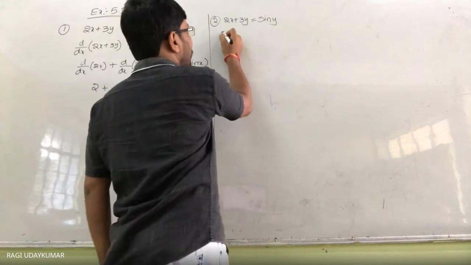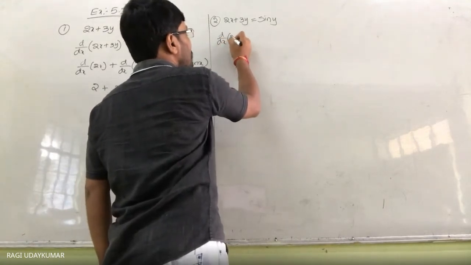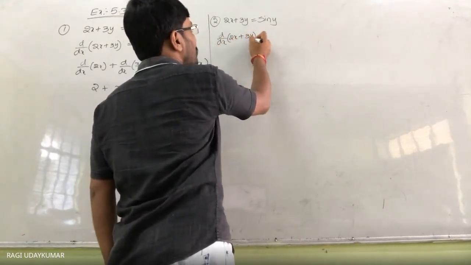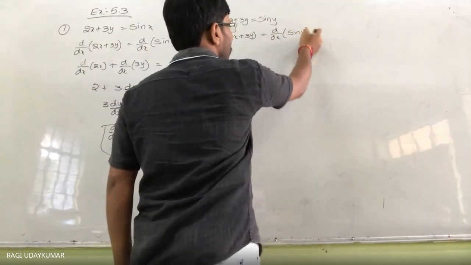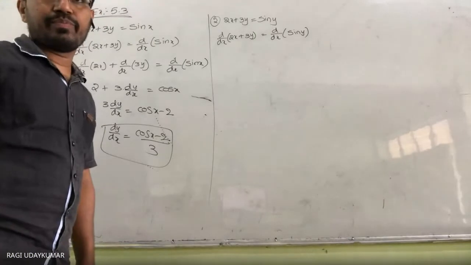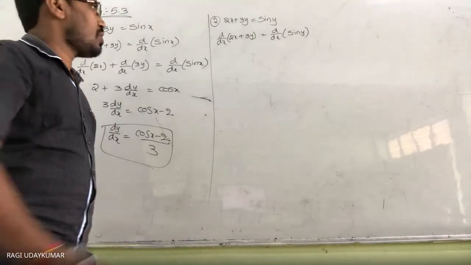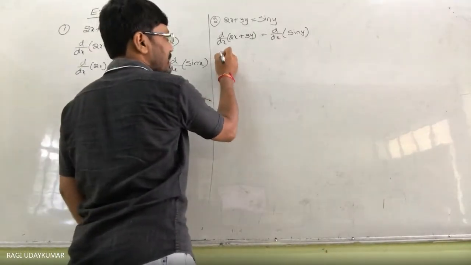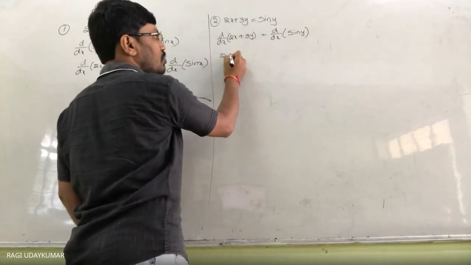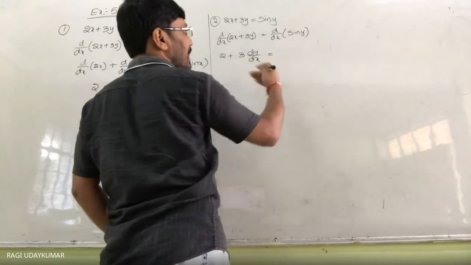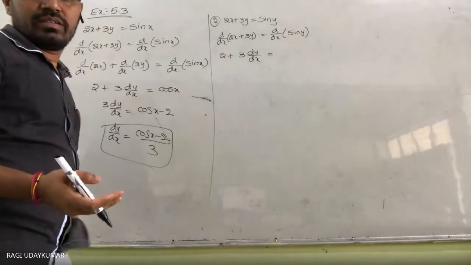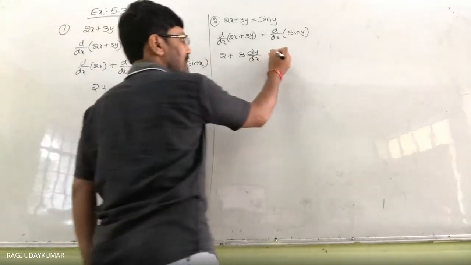Now here, in this situation, you need to take d by dx of the left hand side is equals to d by dx of the right hand side. So what do you get here? d by dx of 2x gives 2, plus 3 into dy by dx. d by dx of sin y is cos y into dy by dx.